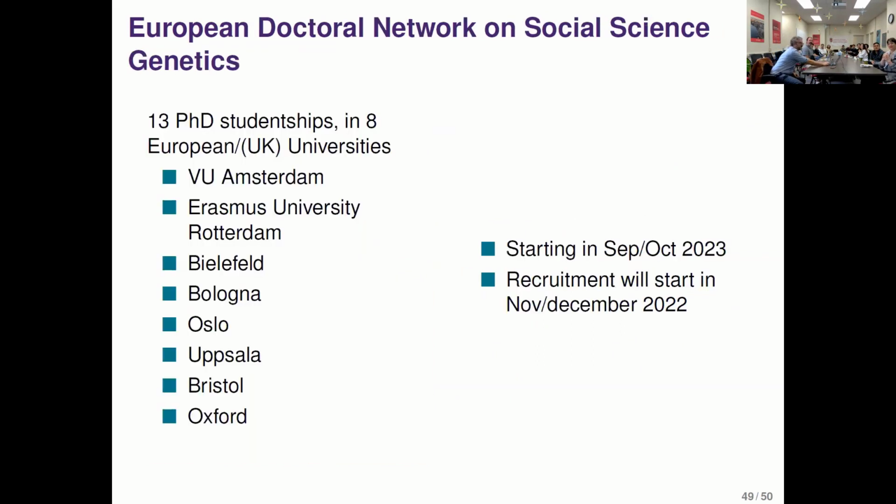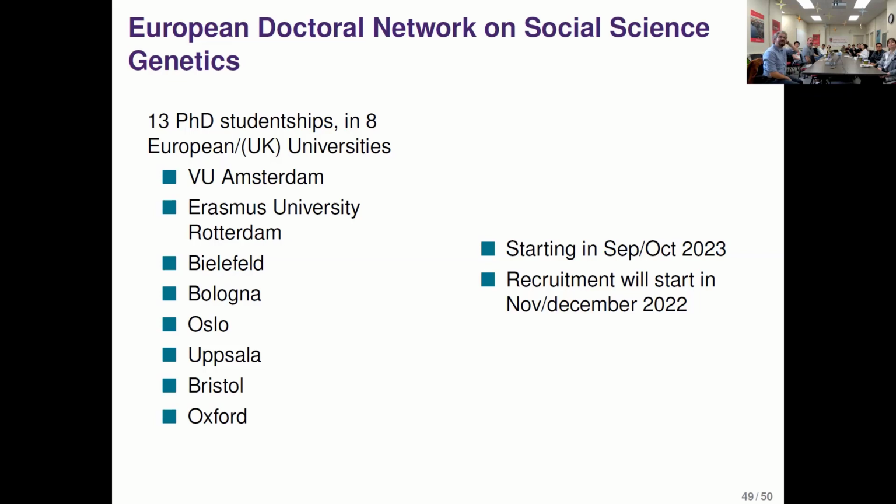Oh yes. Yeah. Important. Well, start with this. So let's see the time. So two initiatives important in Europe. This is the European Doctoral Network on Social Science and Genetics.